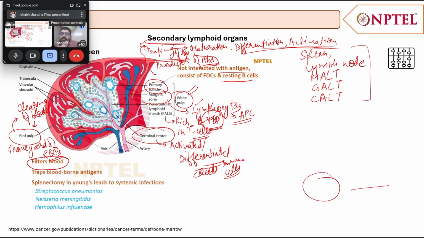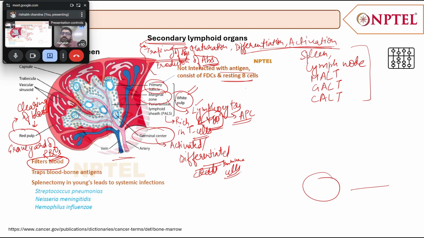Then after their maturation, what will happen? After their differentiation, they are actually released into the blood flow, and then they reach the site of the infection. Okay, then what happens is, if there is any splenectomy in any individual, it will not be able to trap any of the antigens or the foreign pathogens, so it will not be able to develop any immune response against that.